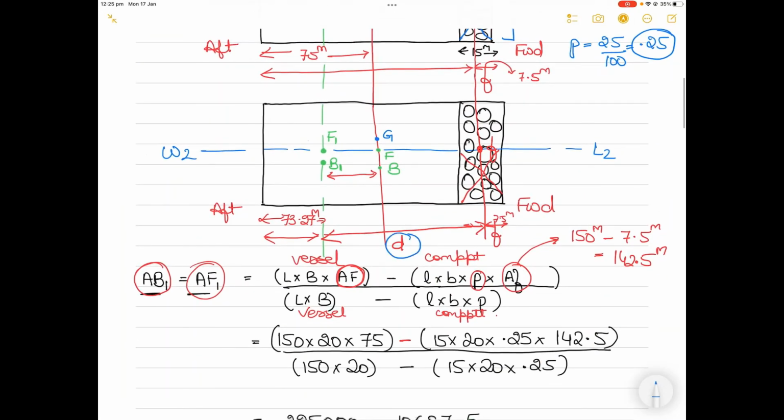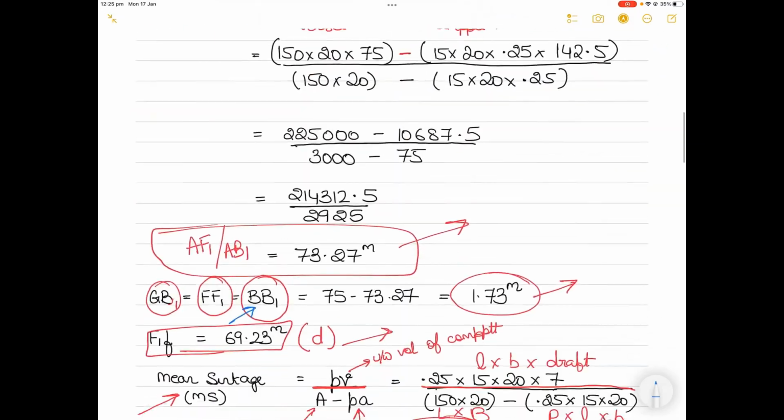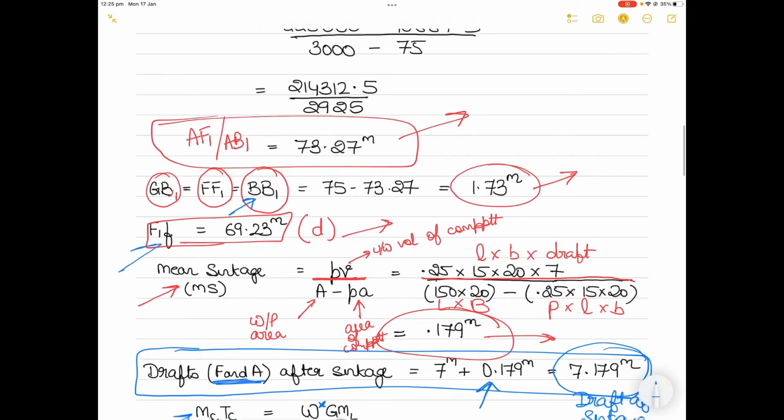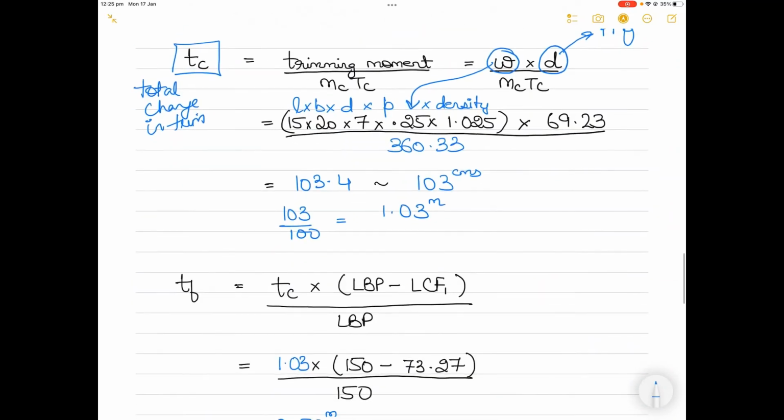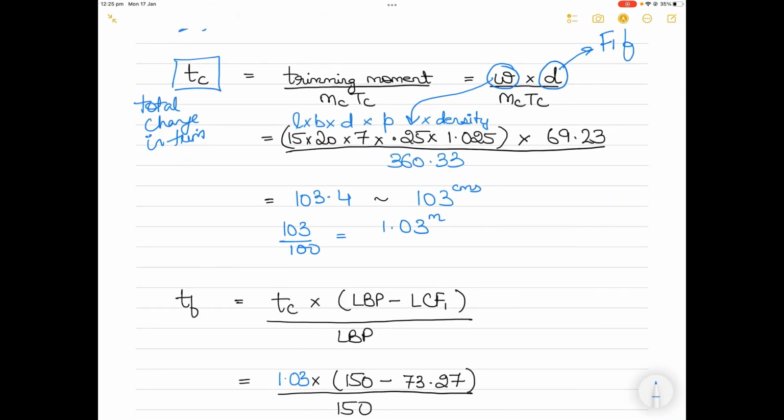So D is this distance here. It's the same as F1F that we calculated here, 69.23 meters. You'll just put that distance here because that's the trimming moment from the center of the compartment. So this is D, and you get 103.4 centimeters.